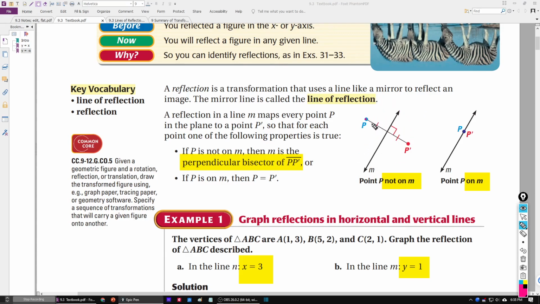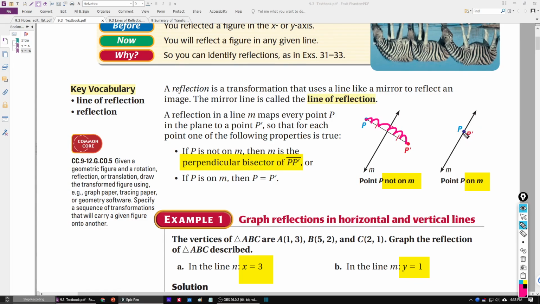And we always want to do one point at a time also. Now sometimes the point actually lies on the line of reflection. Like in this case, I said if it's 3 steps to the line of reflection, then you go 3 steps beyond the line of reflection. Well, what if there are no steps to the line of reflection?